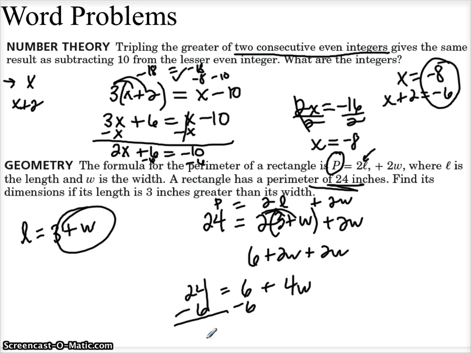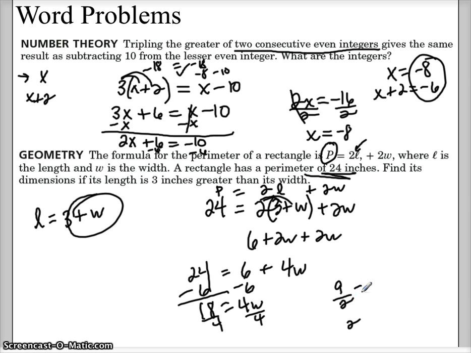Minus the 6, that is 18 equals 4W, and divide by 4. 2 goes into each of those, you end up with 9/2 equals W.